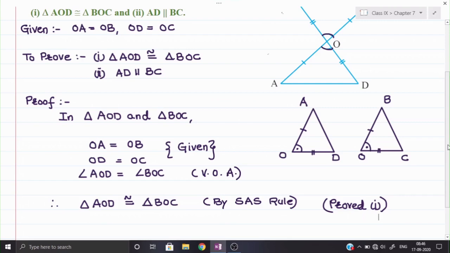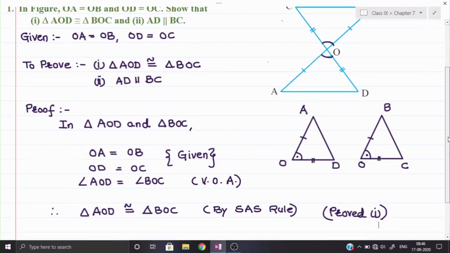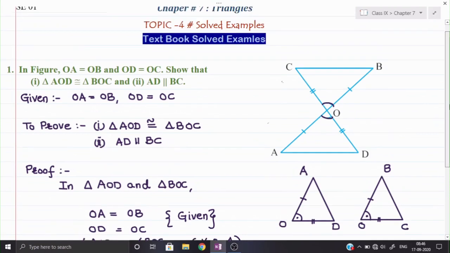And the third way is you prove the pair of interior angles formed on the line are supplementary, means their sum is 180 degrees. So any way will be applicable here. Now which way will be applicable, that we shall see.